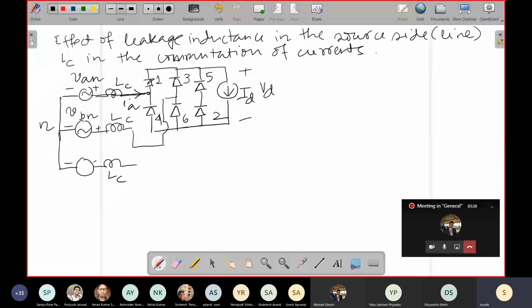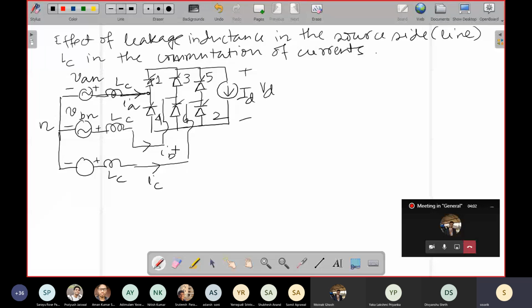These are the thyristors, so let's put the gate terminals. This current is IC, this current is IB, right? This is the system we will be studying.